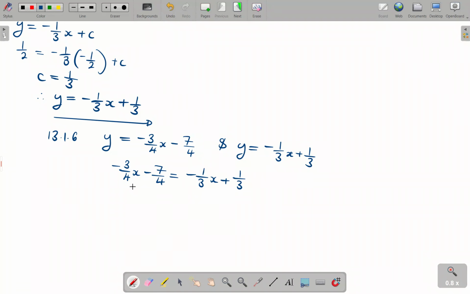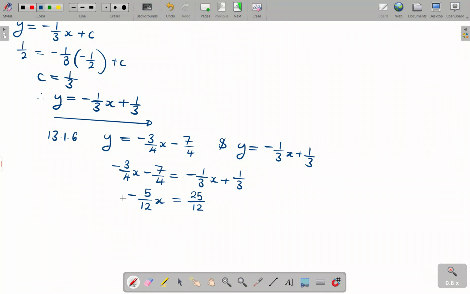So now I have negative 5 over 12 x, which equals, you take negative 7 over 4 to the right, 1 over 3 plus 7 over 4. And I have 25 over 12.